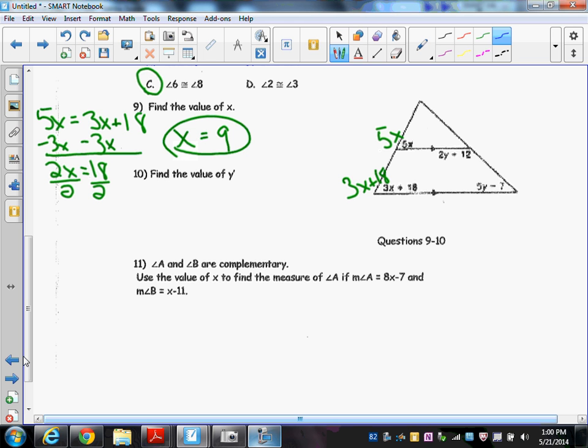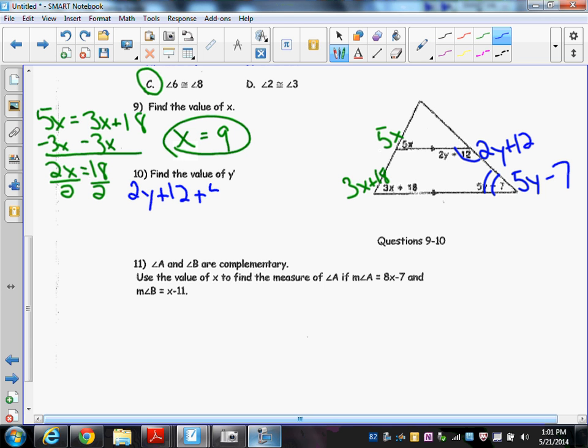And we also need to find the value of y. So we have 2y plus 12 and 5y minus 7. Again, pretty hard to read here. These are consecutive interior angles. We have one acute, one obtuse, so that means they are supplementary.